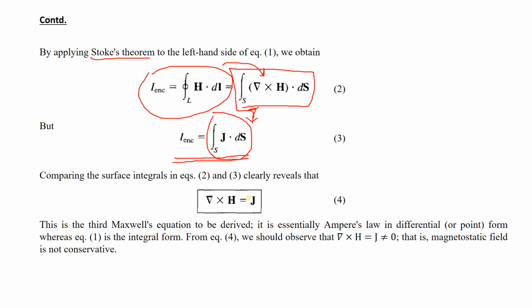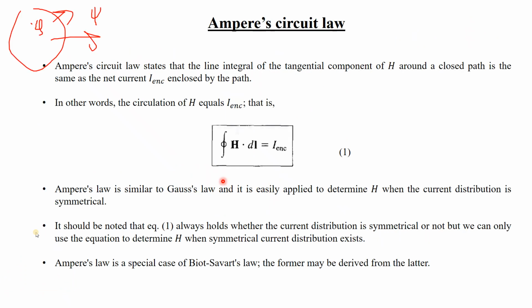Comparing these two portions, we get that the surface integral of curl of H ds is equal to the surface integral of J. These two terms are common, so curl of H equals J. This is the third Maxwell's equation, essentially the Ampere circuital law in differential form.